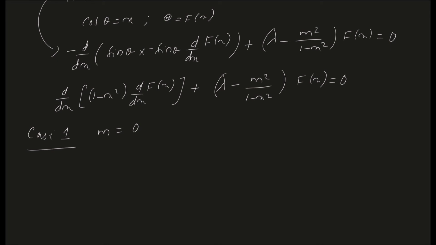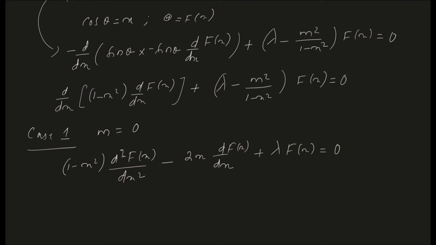So if m is equal to 0, this expression can be written as 1 minus x square d square f of x by dx square minus 2x d f of x by dx plus lambda into f of x is equal to 0.